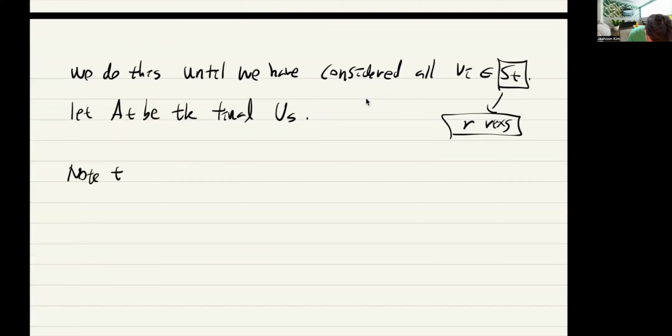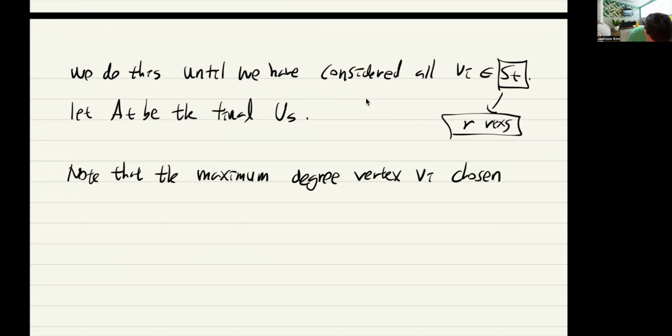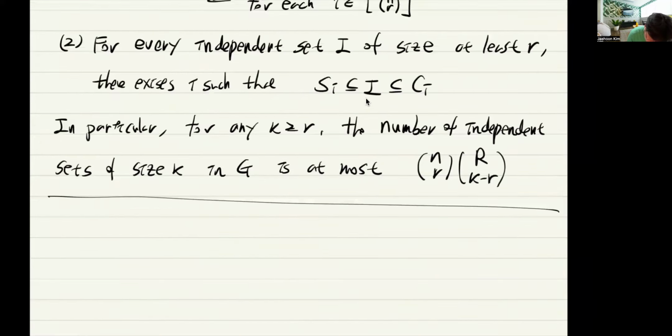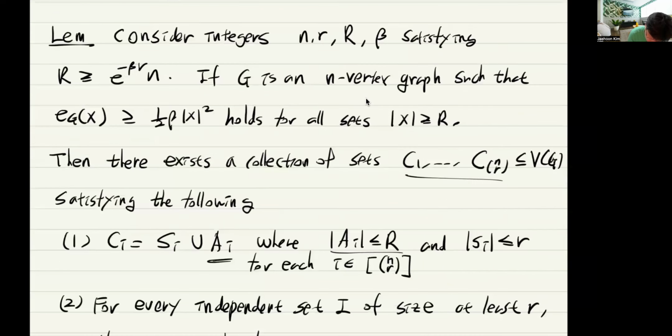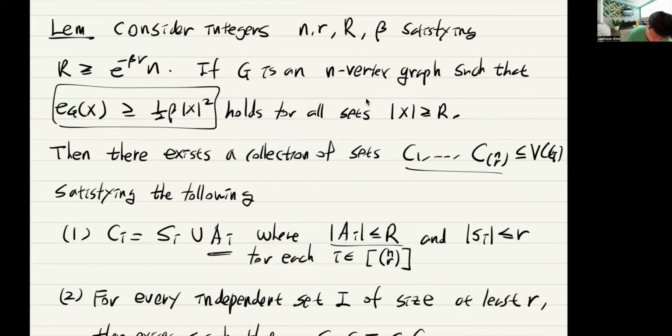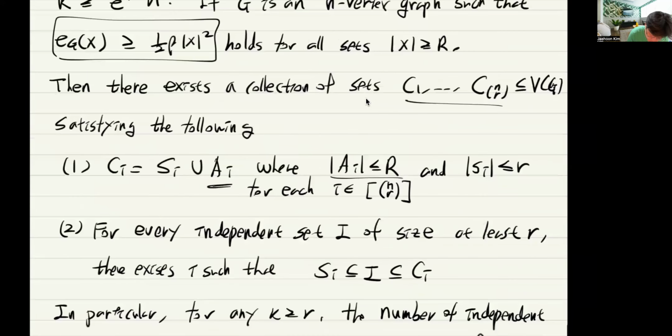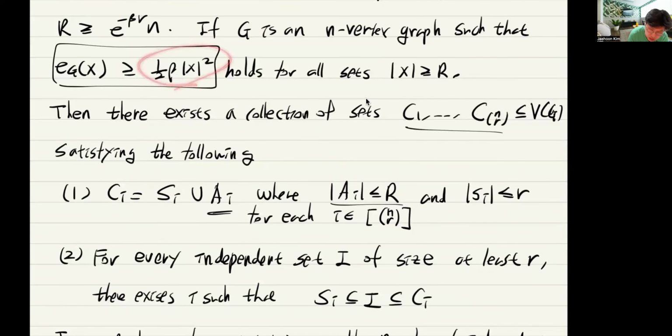And what do we know? Note that the maximum degree vertex b_i, which is chosen above, has what? Due to this locally dense condition, for whatever x you take, it has this many edges.